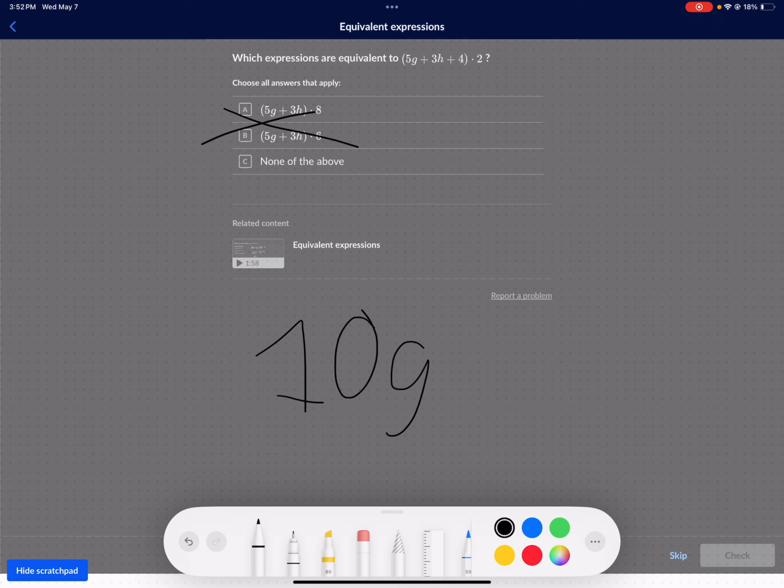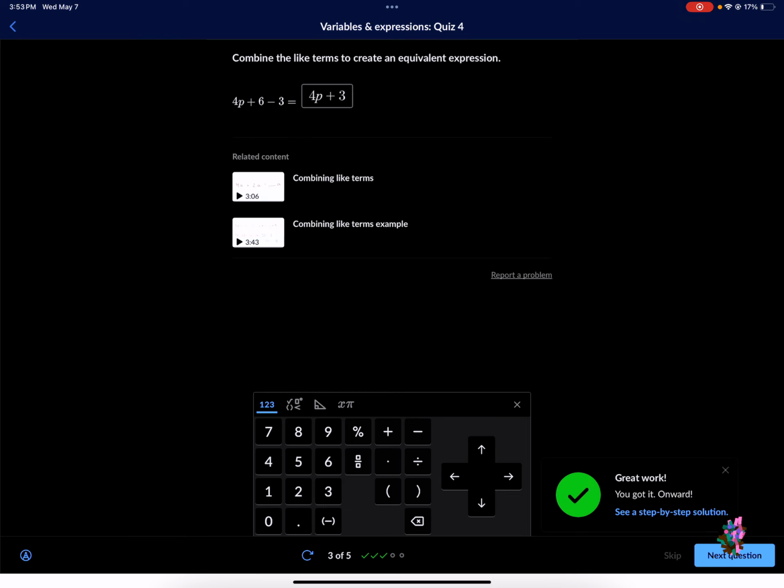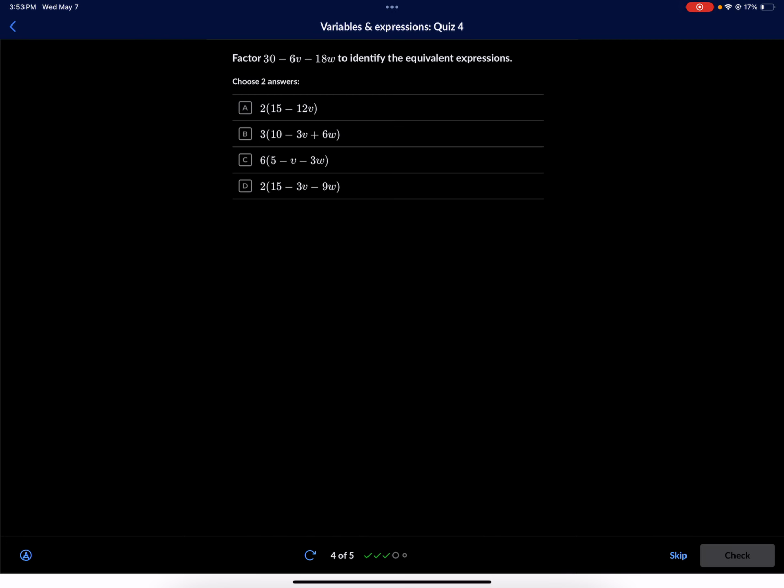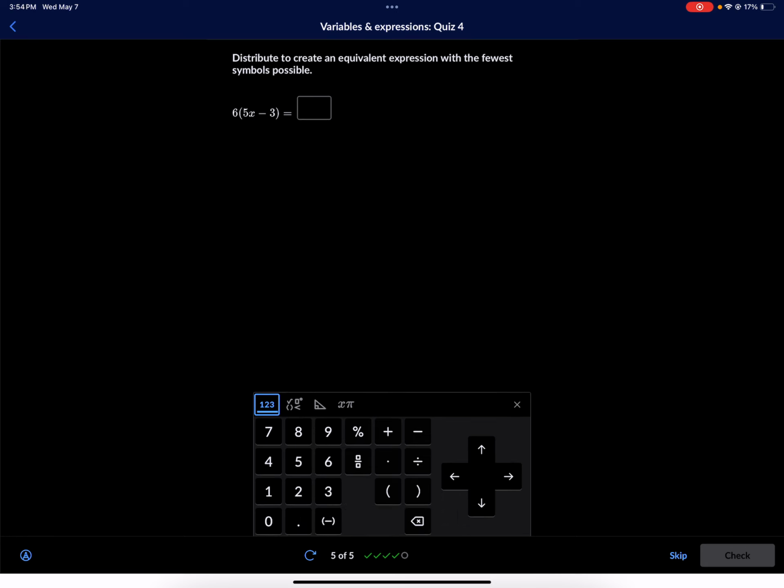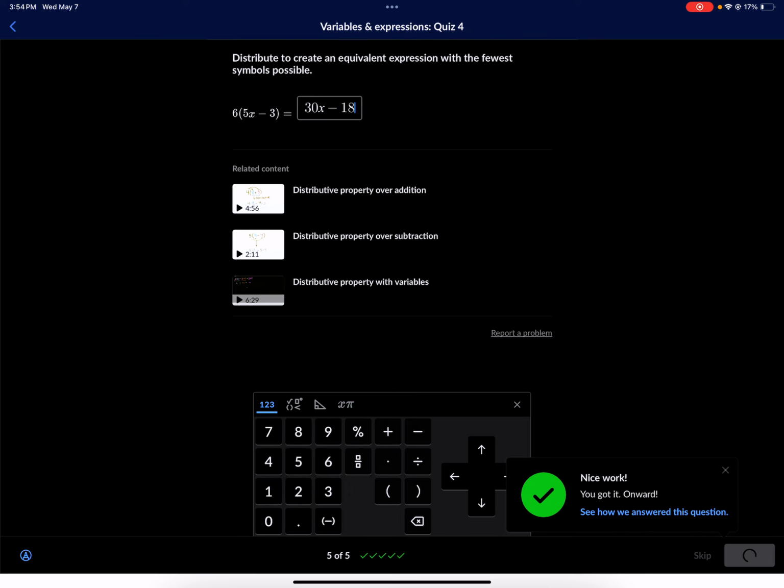The answer is 4p plus 3, if you got that right, good job. The answer is C and D, if you got that right, good job. The answer is 30x minus 18. You got that right, good job.